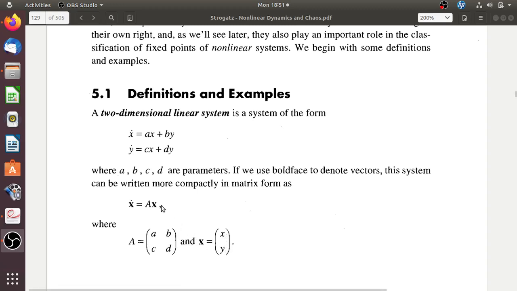So the same equation which is written here can be written in this manner. That's another way of representing the 2D linear system.